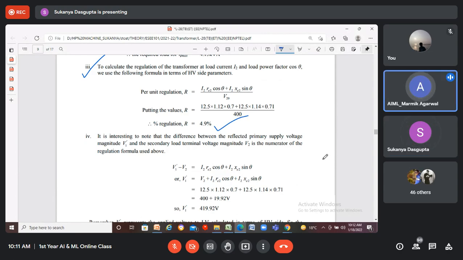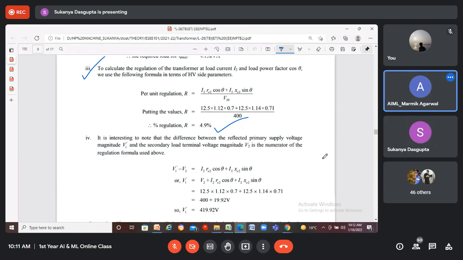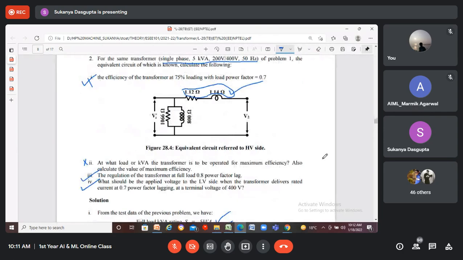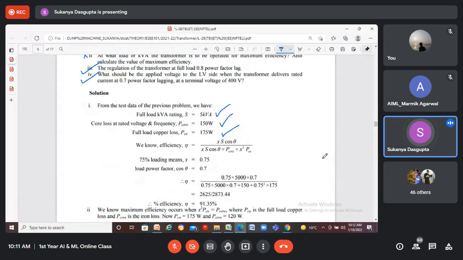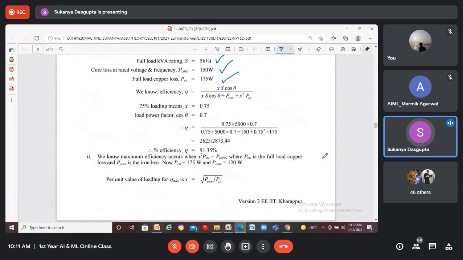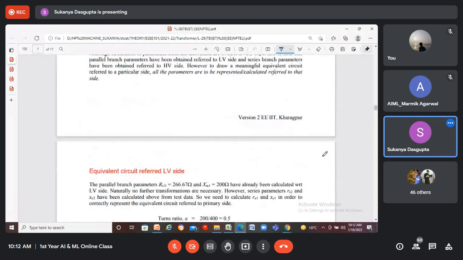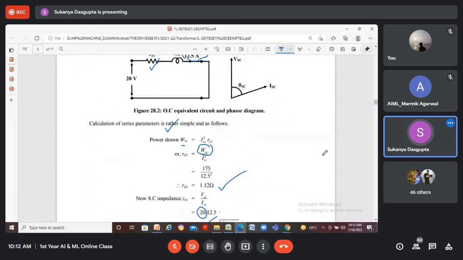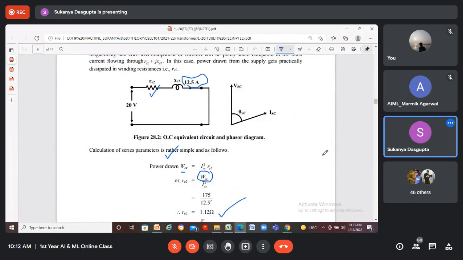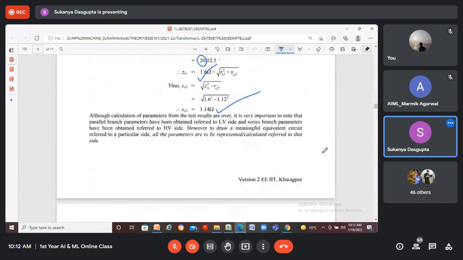And ma'am, I2 is not given. I2 will be given. I2 is not given here, I know. I2 will be given. Actually, they have taken the data from the last problem. I2 will be given.